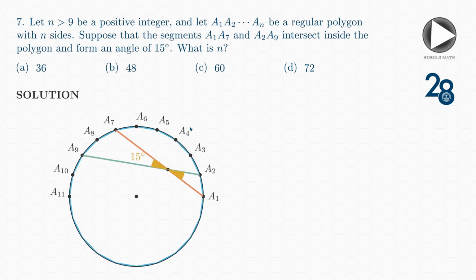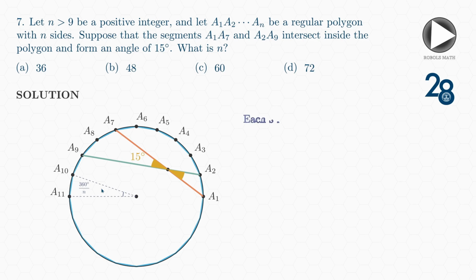And we note that for this polygon, the central angle indicated by this purple pie right here measures 360 degrees over n. Because if there are n sides, basically you're dividing the whole pie into n pieces, and each piece should measure equally, 360 degrees over n.